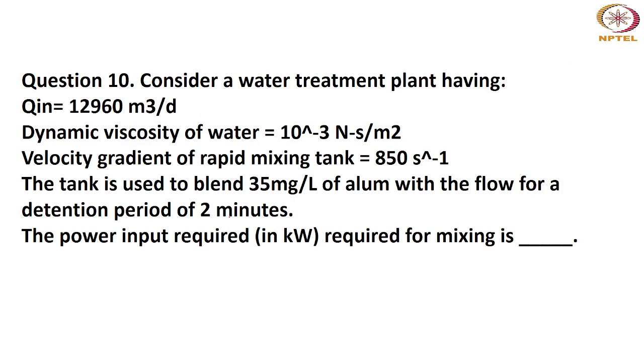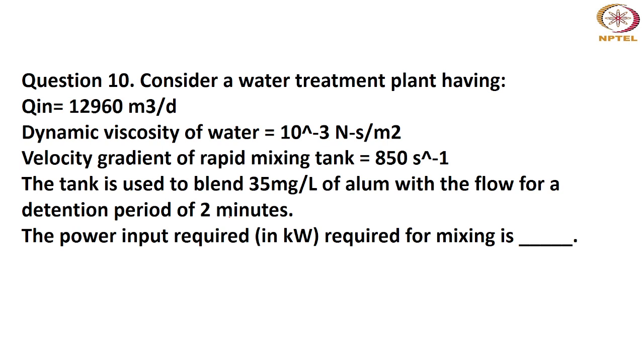So the next question is a numerical type question. We already discussed similar questions in today's session. The influent Q is given as 12,960 meter cube per day. Dynamic viscosity of water is given as 10 to the power minus 3 Newton second per meter square.